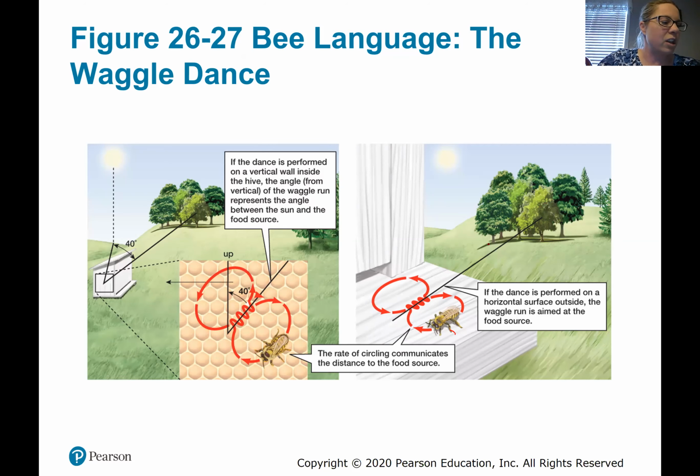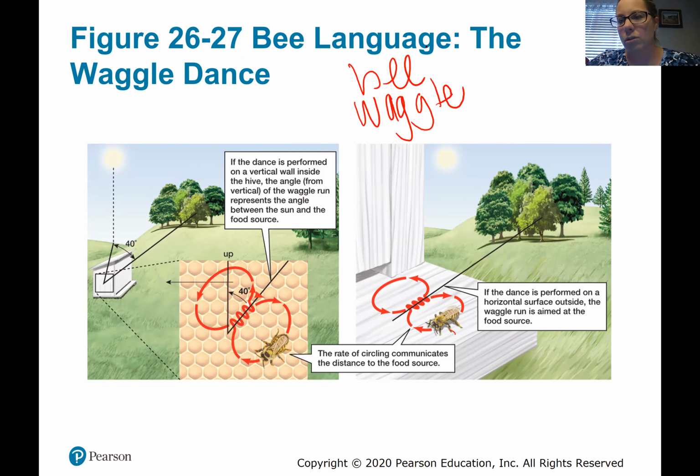And there's a video that I'm going to have you watch as well. This one is for credit. I forget the name of it offhand, but it's like the bee waggle dance or something like that. So go ahead and watch that, and you can see how bees communicate with each other.